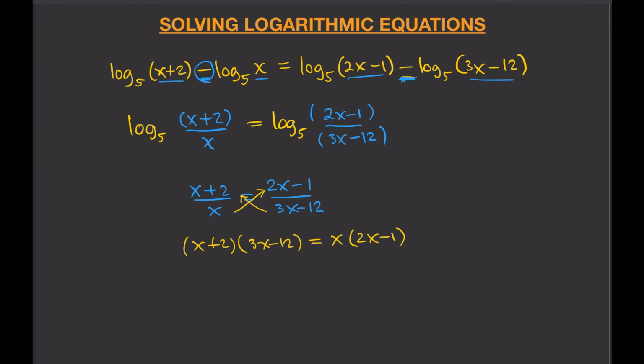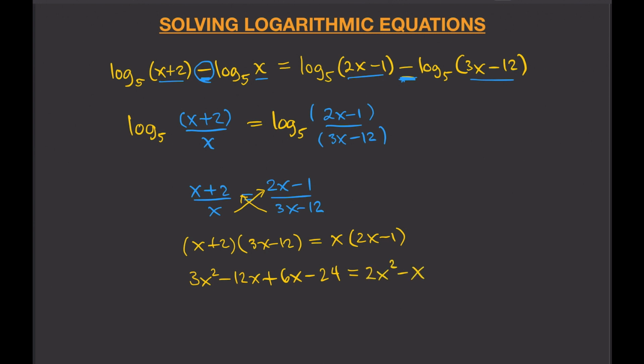Okay? Then we can do FOIL method here in the left-hand side. So we have 3x squared minus 12x plus 6x minus 24 equals 2x squared minus x.